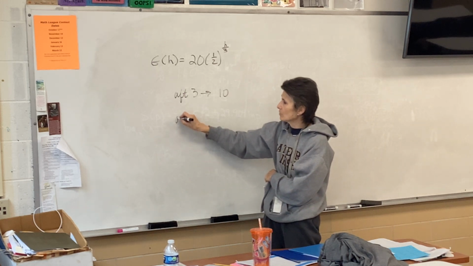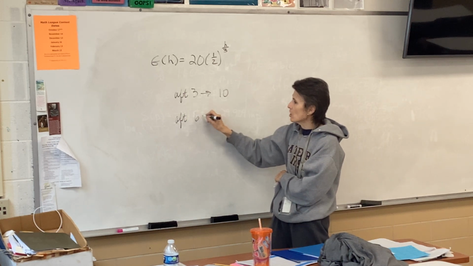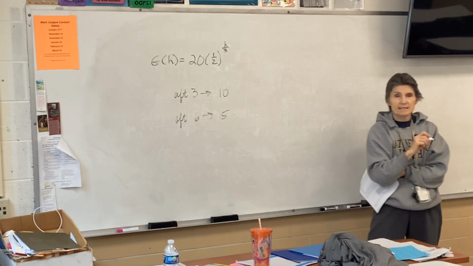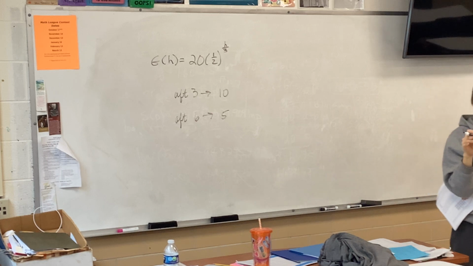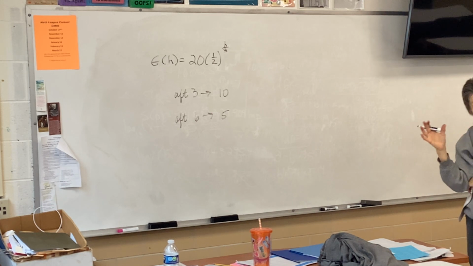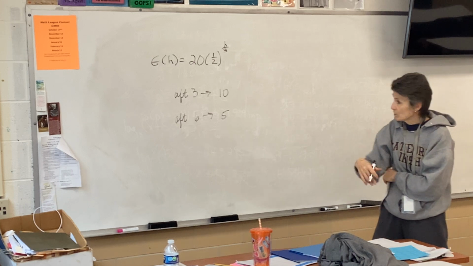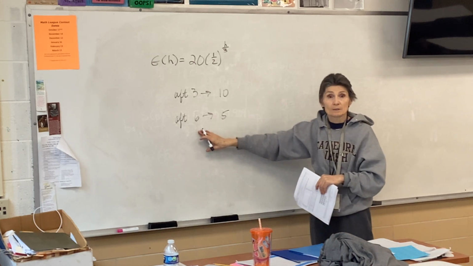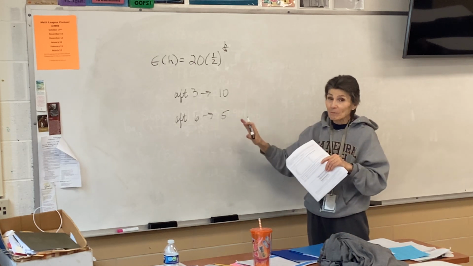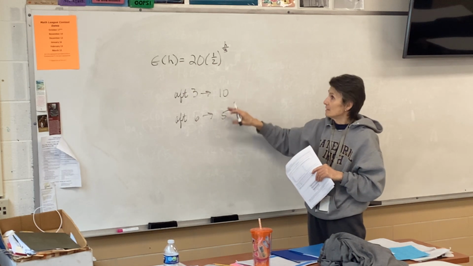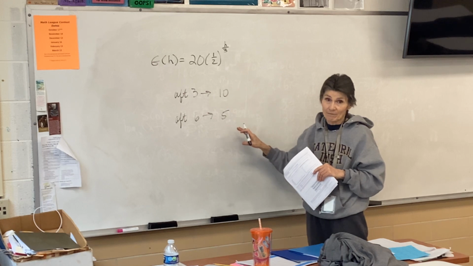After another 3 hours, so 6 total, we'll be down to 5. Because to get from 20 to 5, you have to cut in half twice, which means 2 half-lives, which means 6 hours. Now that one was easy because 5 is 20 times a half times a half.